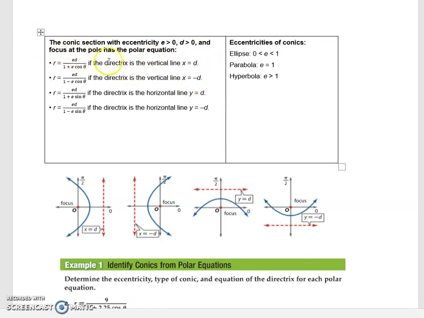So basically we're going to be given a directrix and the eccentricity, and we'll refer back to this. The equation, regardless of ellipse, parabola, or hyperbola, is going to be one of these forms. So r equals ed over, in this case, 1 plus e cosine theta. So e is your eccentricity and d is your directrix, wherever that's going to go.